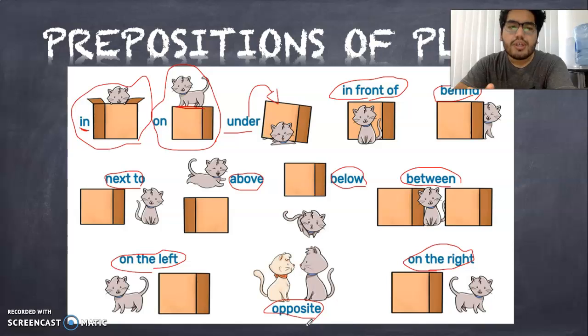In, on, under, in front of, behind, next to, above, below, between, on the left, opposite, on the right. So yeah, just repeat them as you are learning, as you are seeing the picture. This is in, this is on.